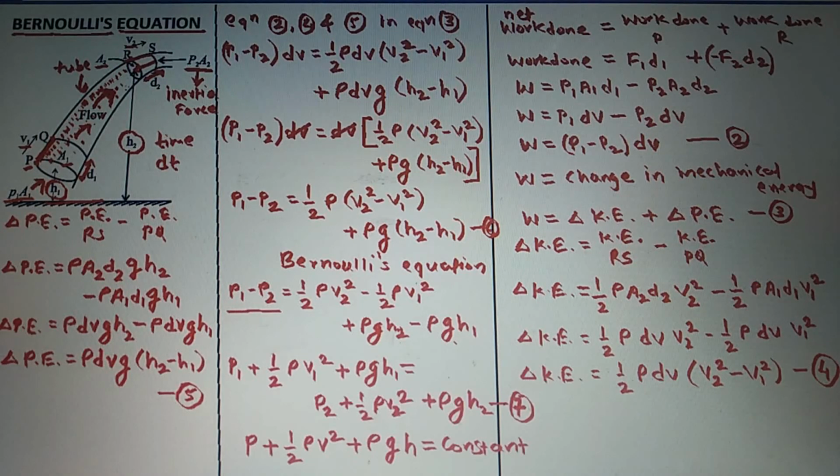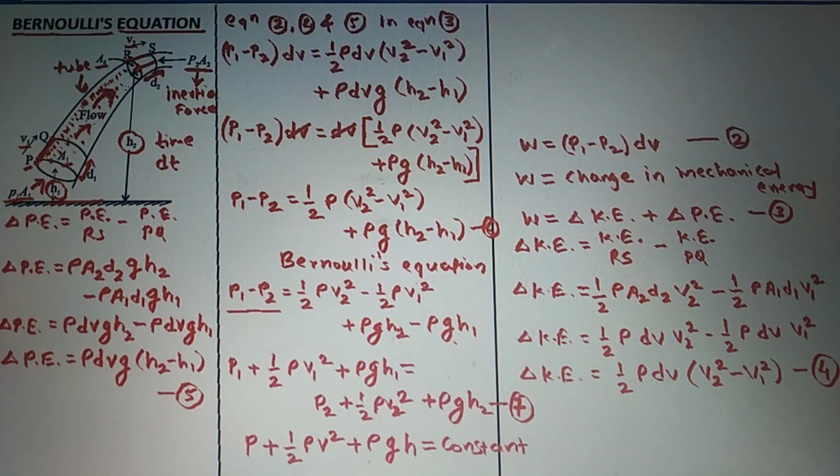So from Bernoulli's equation we can derive that pressure plus 1 by 2 density into velocity square plus density into gravity into height is always equal to constant.